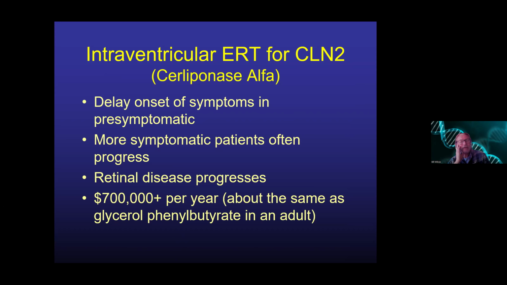More symptomatic patients often progress, and that's often when we're doing the testing, when they're symptomatic. And the retinal disease that they get will progress anyway. It costs a lot, which caused our children's hospital to balk until they got threatened with embarrassment in the press for not providing it.